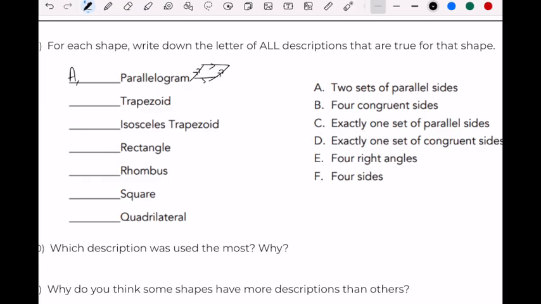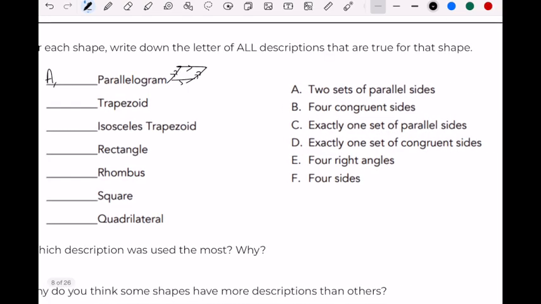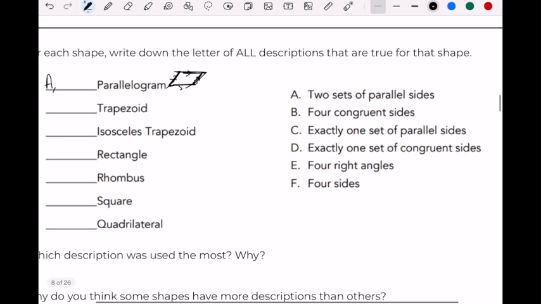This is parallel to this, and this is parallel to this. Do I have four congruent sides? No. Do I have exactly one set of parallel sides? No, I have two. I have one set of congruent sides. If you just look at it, we will prove it, but this measures the same as this, and this measures the same as this. It's like a flattened rectangle, no?